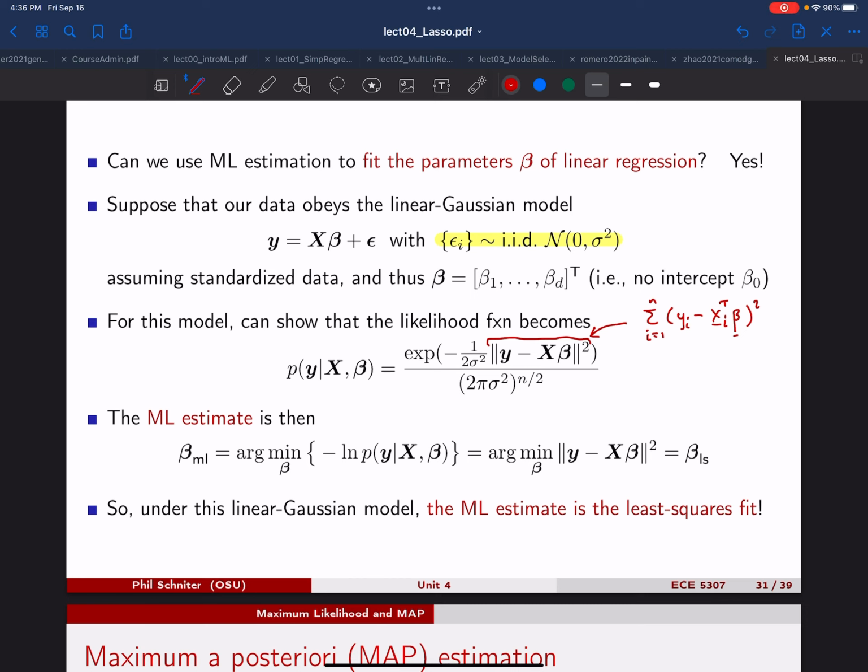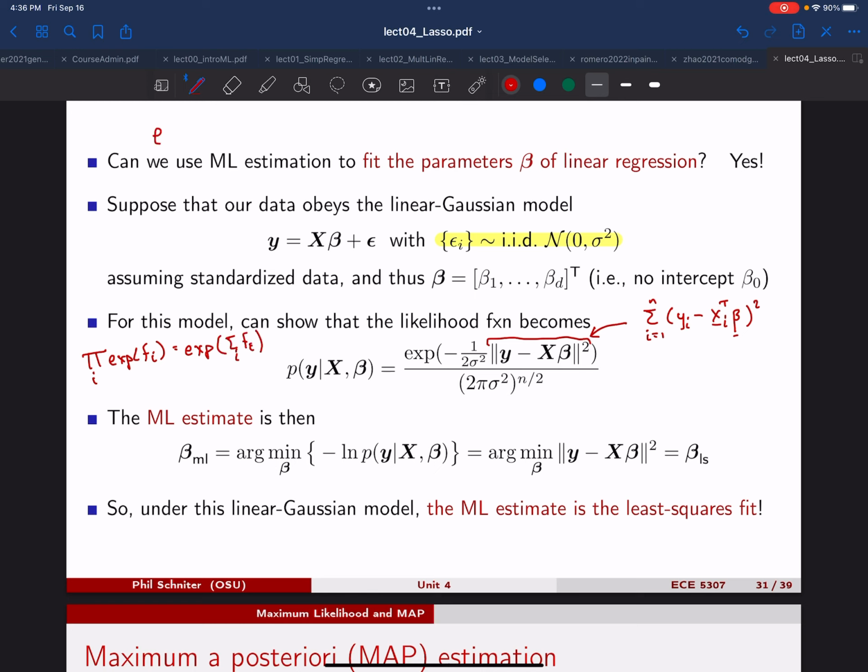So if I have a product of exponentials over i, let me be more explicit, a product of exponentials of, let's say, f of i, this is the exponential of the sum of f of i, right?